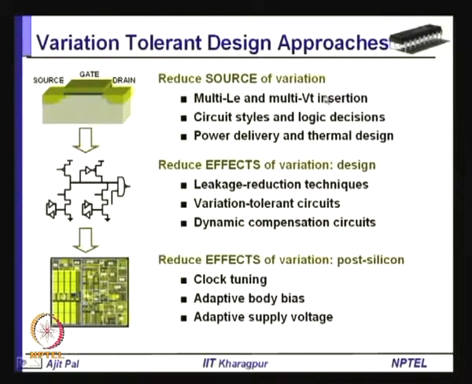That means at the time of fabrication you have to realize it with multiple channel lengths and multiple threshold voltages. Then you have to use suitable circuit styles and logic decisions so that the sources of variation are reduced, and power delivery and thermal design have to be done. That means the way the power is delivered, that is, the power network.